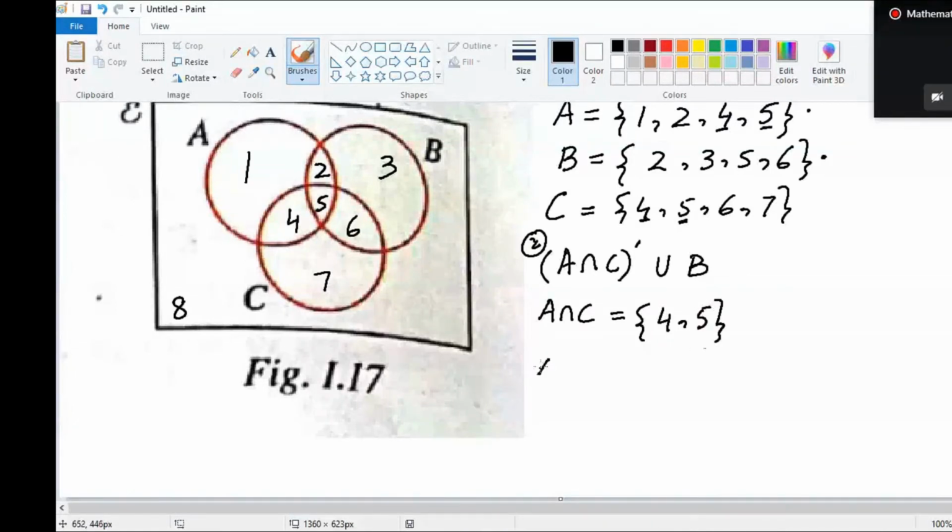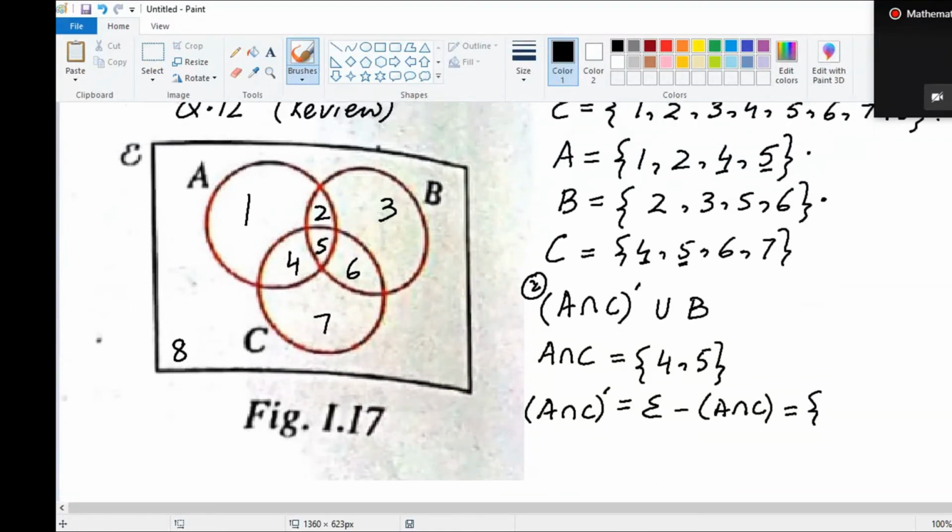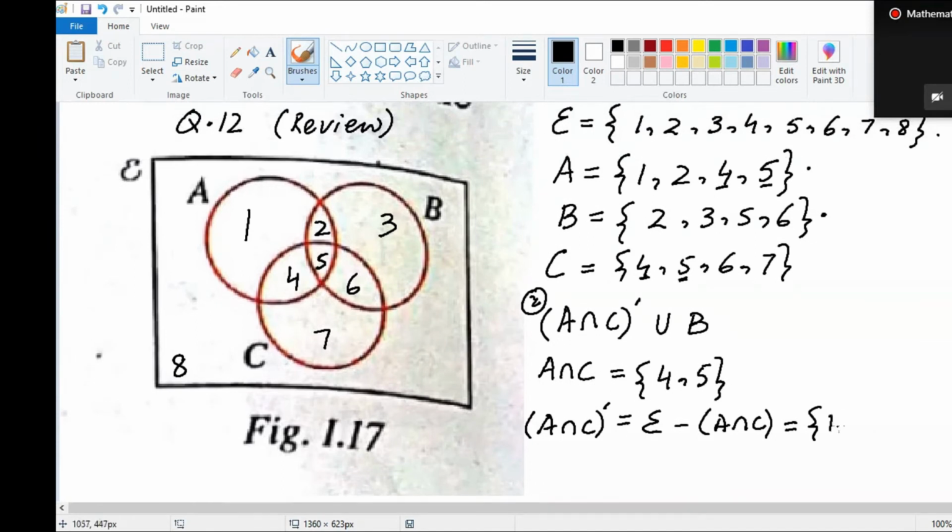Okay? And the next step, I'll find out the whole complement of them, which means universal minus A intersection C. So how will I write it? The universal set is here 1, 2, 3, 4, 5, 6, 7, 8. So I'm going to write 1, 2, 3, 4, 5, 6, 7, 8, and then I'll put the sign of minus and I'll write 4 and 5 over here.